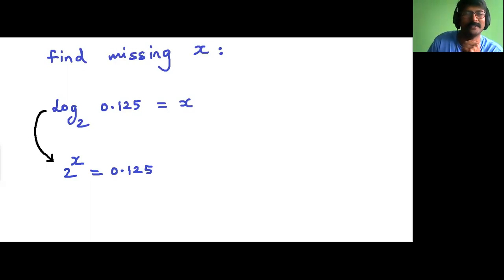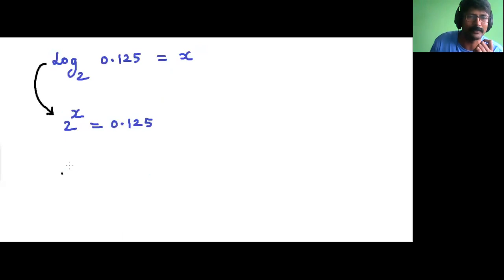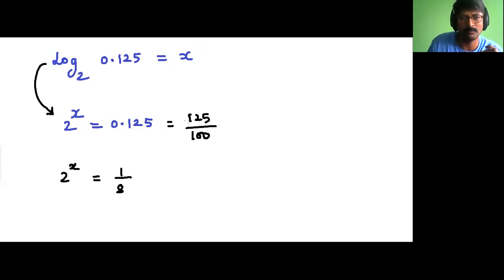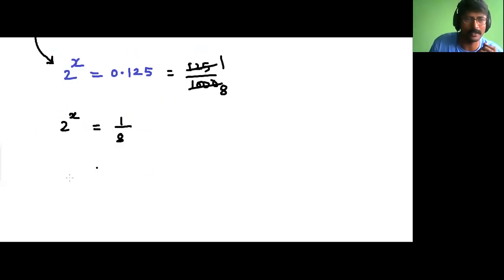Now it's really simple. This will become 2 power x is equal to 1 upon 8. Basically, okay, you don't know how. It's simple. 125 upon 1000, which will become 1 upon 8. Isn't it? How it is 1 upon 8? And now it will become 2 power x is equal to 1 upon 2 power 3.